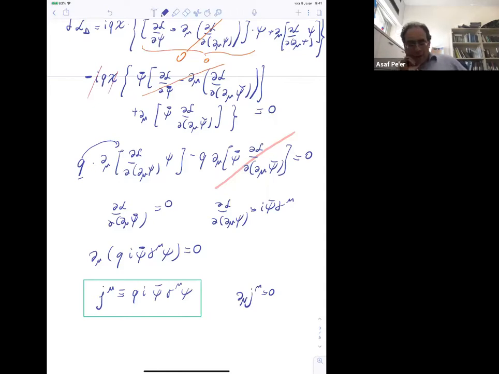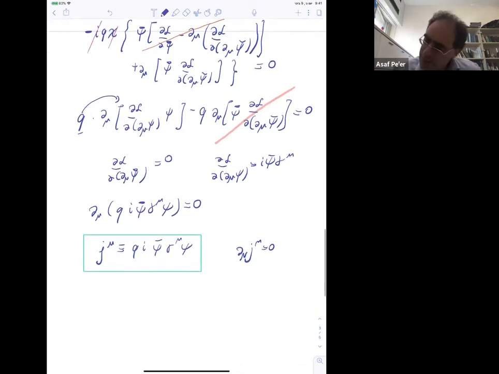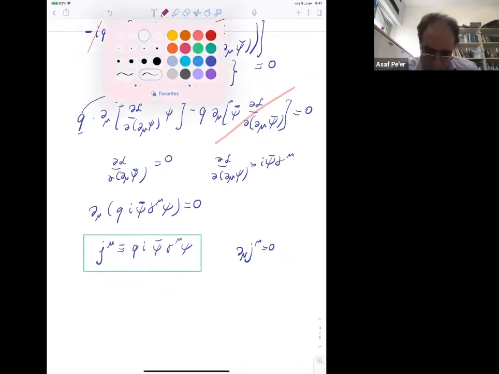So the technical wording is saying that we transform the spinor under a U1. This is a 1-by-1 unitary matrix symmetry group. And we say that the conservation of charge follows from the invariance of the Lagrangian under the group U1. This is a technical term of what we just did.